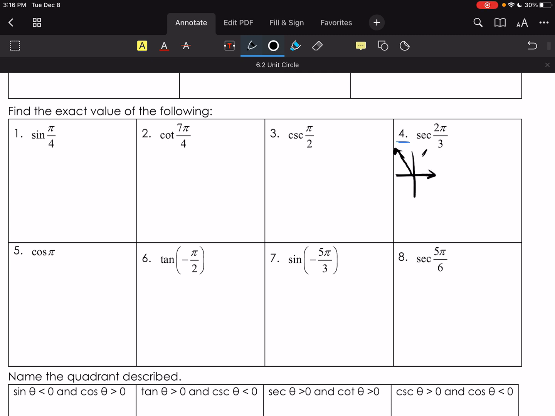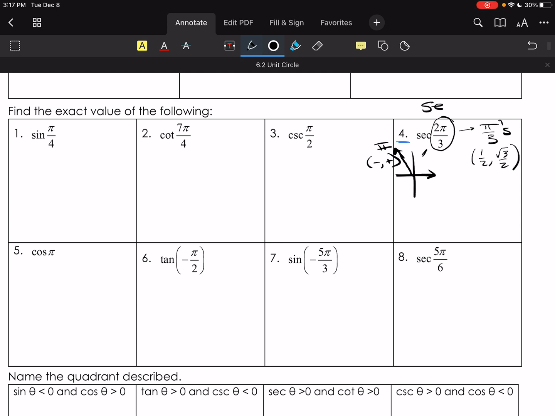Okay. And the easier thing with radians is that you can tell what the reference angle is just by looking at your denominator. In this case, I have 2 pi over 3. That means my reference angle is pi over 3. So I'm dealing with pi over 3s in quadrant 2, so that means I have negative comma positive. Pi over 3s have the ordered pair 1/2, root 3 over 2. And I'm dealing with secant.